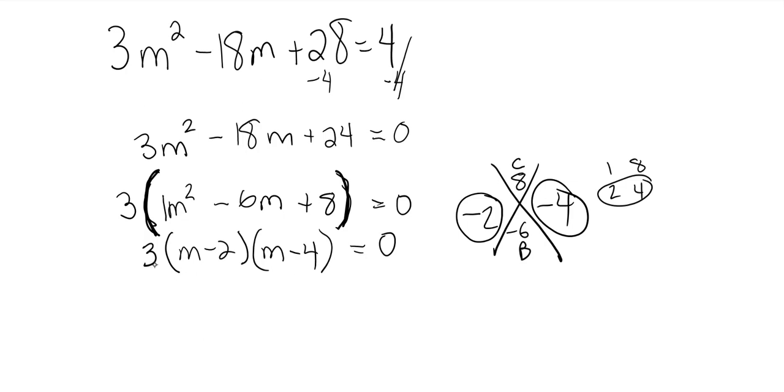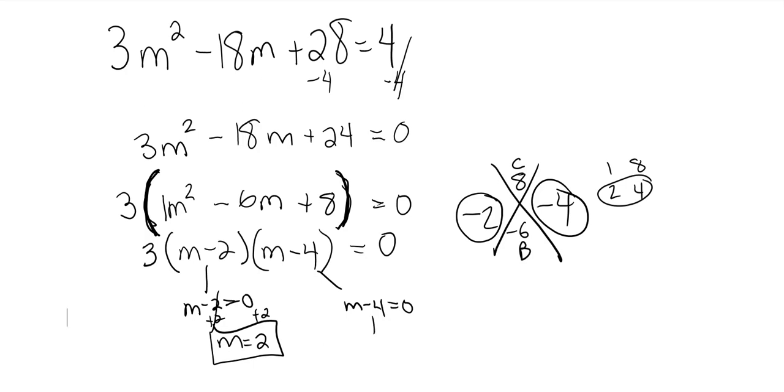Set each factor with a variable, so m minus 2 and m minus 4 equal to 0, and solve. We solve m minus 2 equals 0 by adding 2 to both sides, so we get m equals 2. We solve m minus 4 equals 0 by adding 4 to both sides, so we get m equals 4. Those are the solutions I could find by factoring.